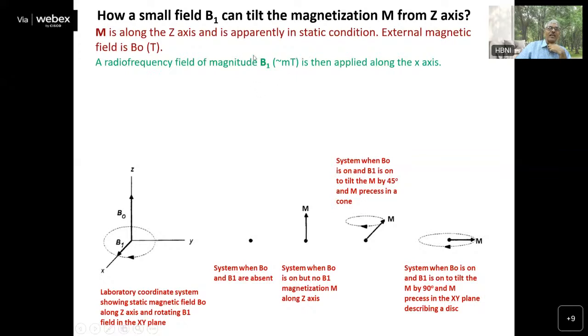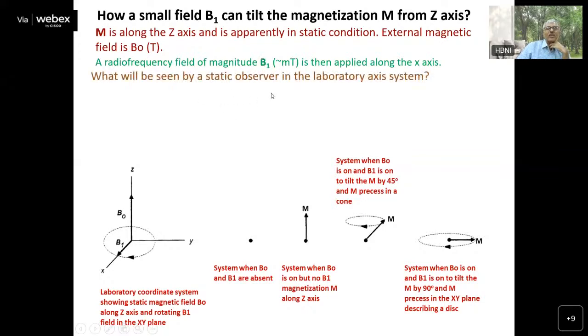It is actually the magnetic component present in the radio frequency radiation, so the frequency can be different. It is rather the amplitude of the radio frequency wave that gives you the B1 field. B1 is also a magnetic field generated from the radio frequency, and it is in millitesla or even less, whereas B0 is in Tesla.